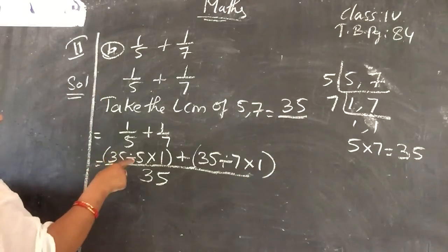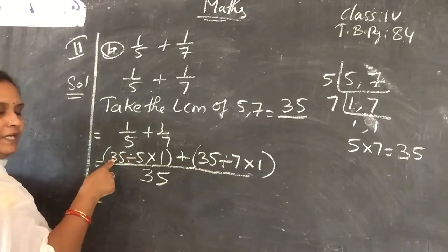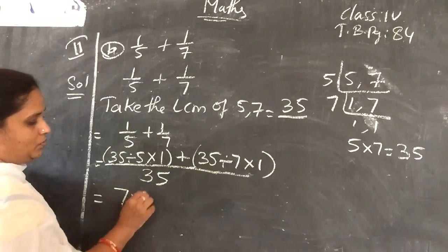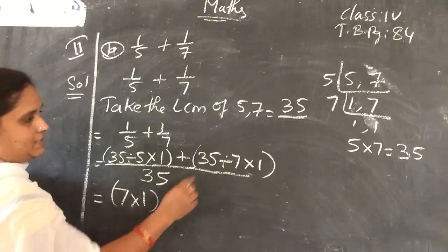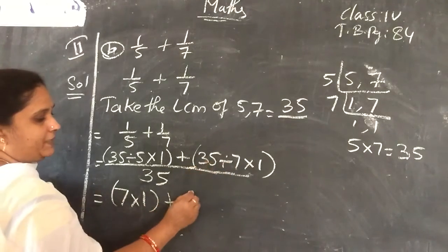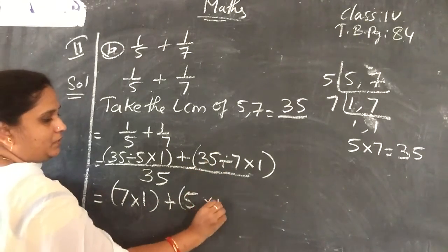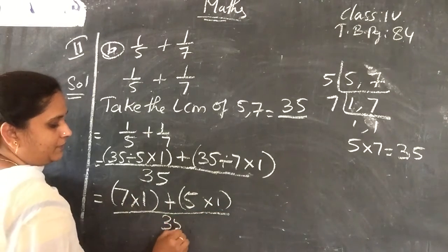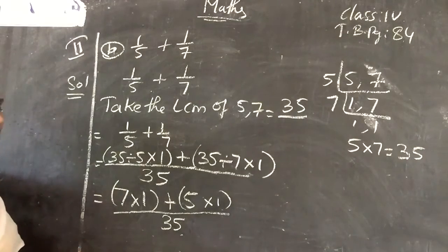In the 5 table, 35, how many times? 7 times. 7 into 1. Plus, in the 7 table also 35, 5 times. 5 into 1 by the denominator 35, which you have to continue writing.